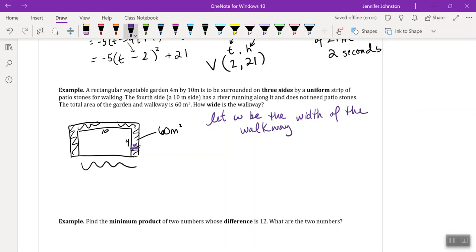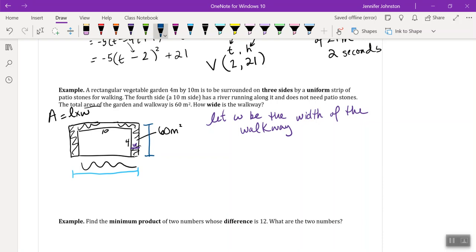Right, so the whole thing is 60, so that means the total area. Okay, so area is equal to length times width. So how long is this compared to how long is this?